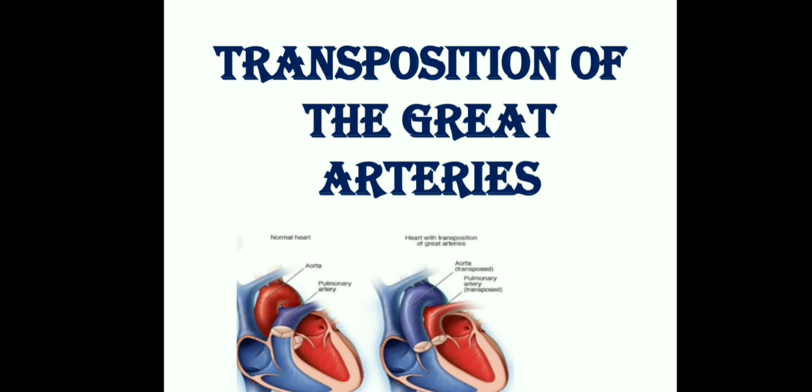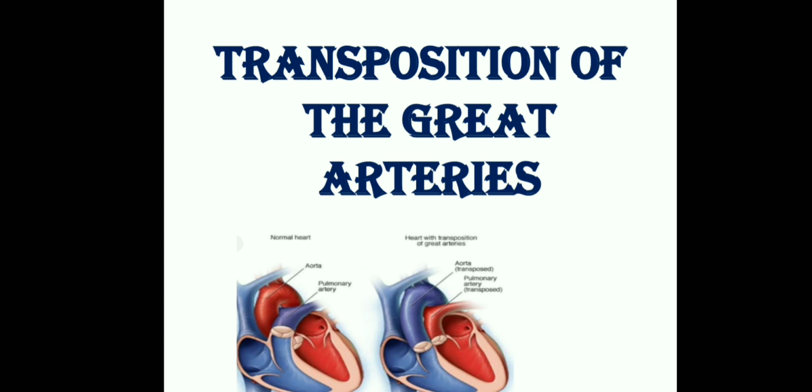Another name for this condition is dextrotransposition of the heart. In exams, they ask this question: dextrotransposition means you should write the same, that is transposition of great arteries. Nothing else is there in this condition.